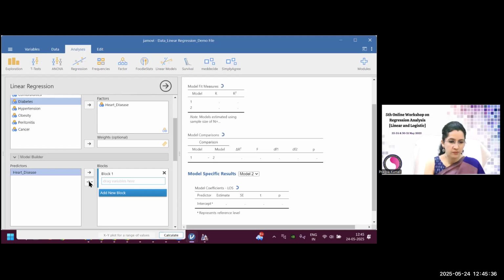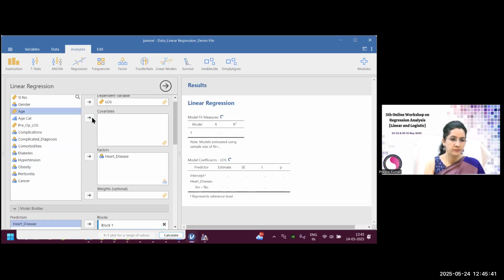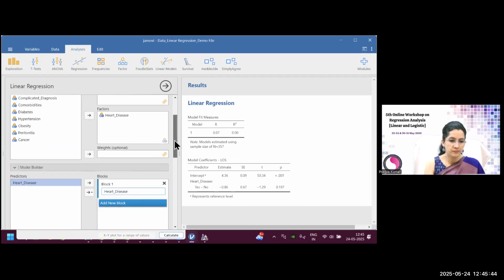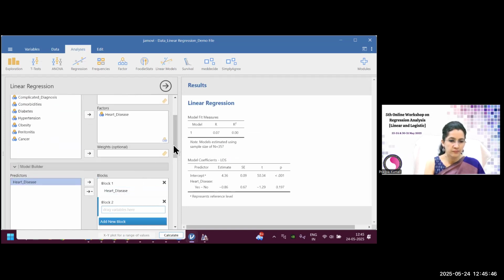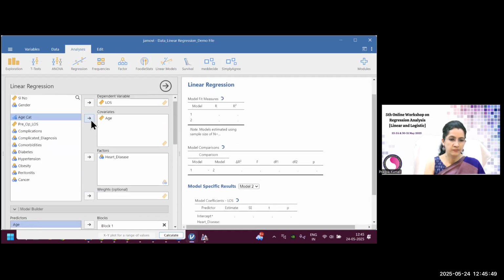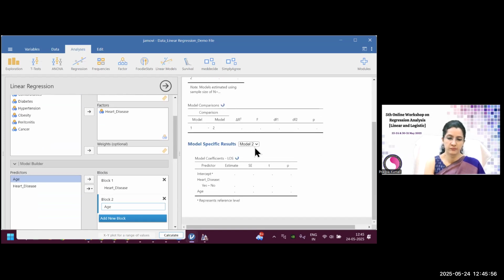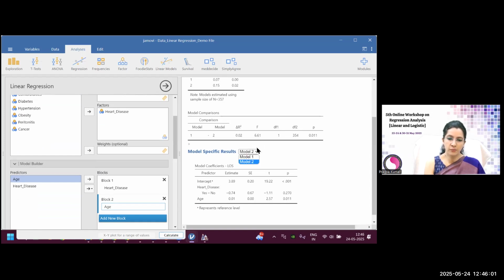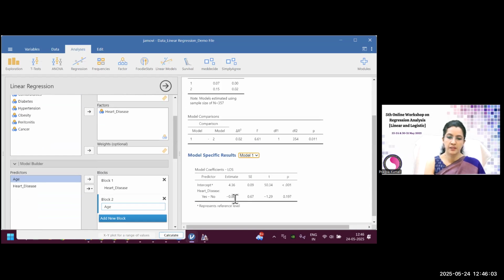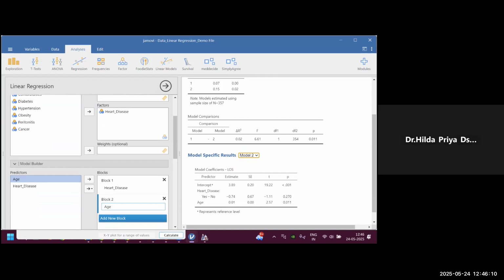It will change from 0.86 to 0.74 as soon as we enter it. See, initially in model 1 it is 0.86, and in model 2, it is 0.74.